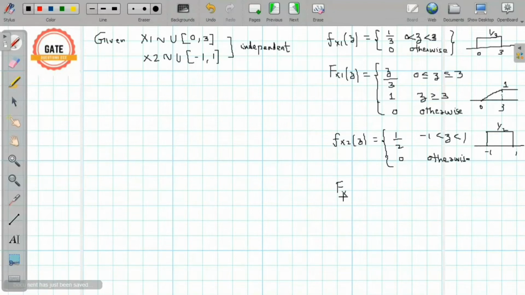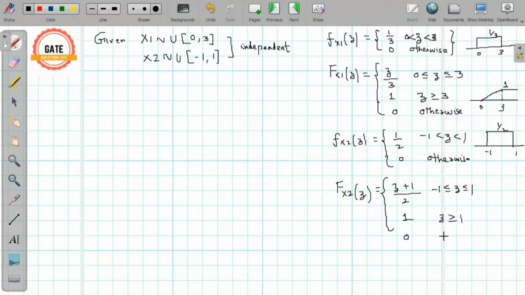The CDF of x2 will be z minus -1, so z plus 1, divided by 2, in the range -1 less than or equal to z less than or equal to 1, and 1 for z greater than or equal to 1 and 0 otherwise. If you plot it, it will be a rising straight line, and afterwards it will saturate to 1, from -1 to 1.